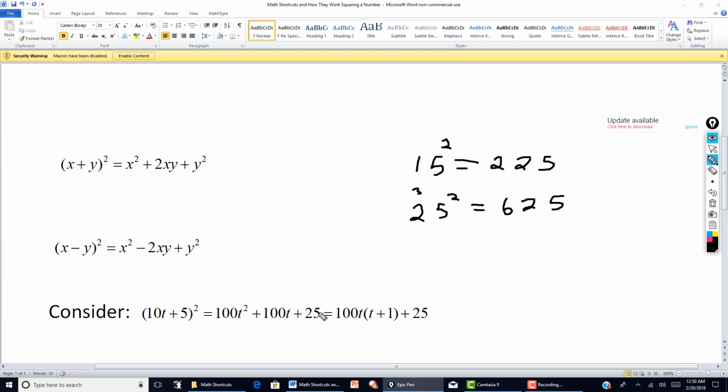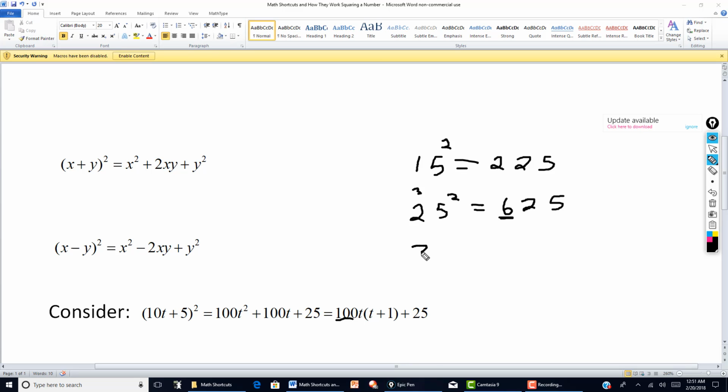Now, if you're looking at the formula, you're saying, well, the formula says t times t plus 1, so I'm adding 1 to that digit, but where's the 100 from? Well, remember, this 6 right here is in the hundreds place, because the 5 is in the ones, the 2 is in the tens, and the 6 is in the hundreds place. So yeah, I am multiplying by 100 because it's a 3-digit number now, so that's why you have this 100 here.